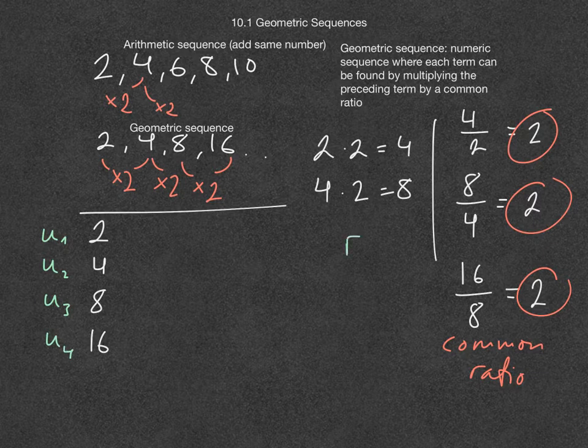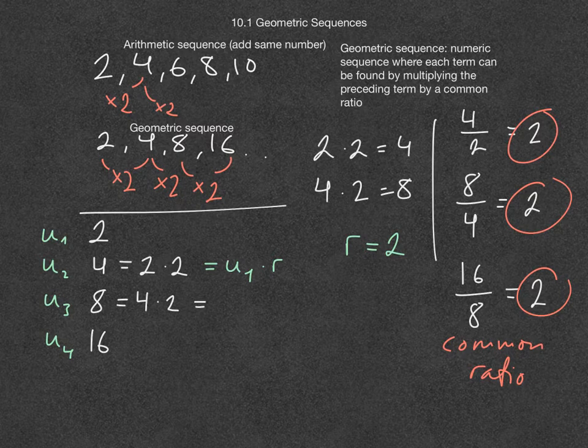If we establish that the common ratio here is 2, the second term here is 2 multiplied with the common ratio, which is r, which is really u1, the first term, multiplied with the common ratio. Now 8 is the second term, 4, multiplied with the common ratio.